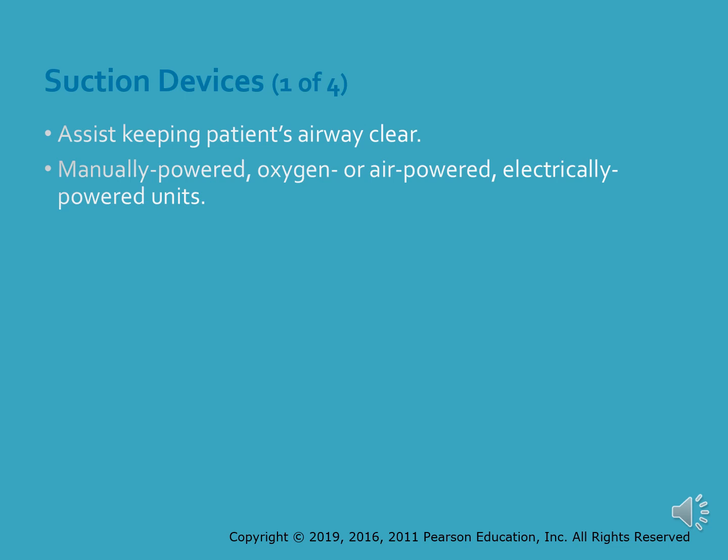All types of suction units must have specialized non-collapsible tubing, a collection container, and an appropriate suction tip or catheter for inserting into the patient's mouth or nose. Catheters are available in a soft, flexible tube for suctioning the nose and a rigid plastic for suctioning the mouth.